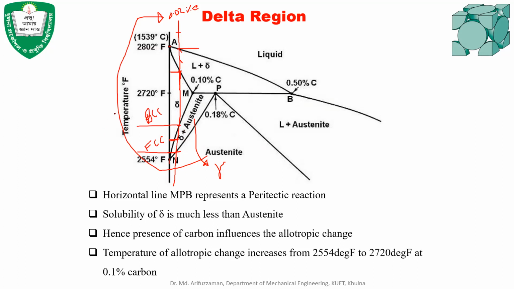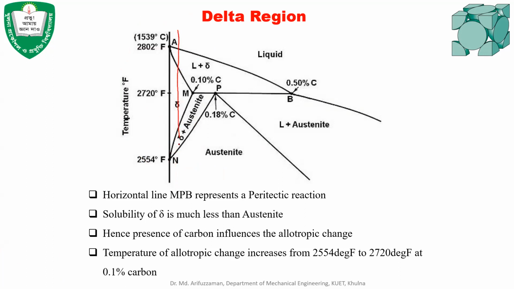So how does the percentage of carbon influence the formation of alloys? If we want to discuss that, for this alloy, for example, when the carbon content has become 0.02%, the first change that has occurred is that the starting point of solidification has decreased.